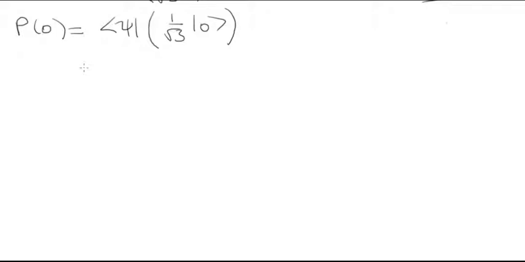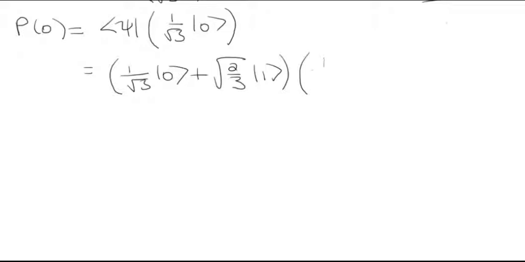We want the probability of 0, which is equal to psi acting on what we just calculated, 1 on root 3 ket 0. Let's define psi again: it was 1 on root 3 ket 0 plus the square root of 2/3 ket 1, and let's put this in here.